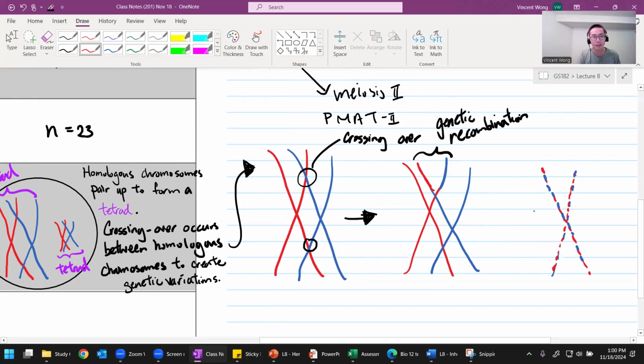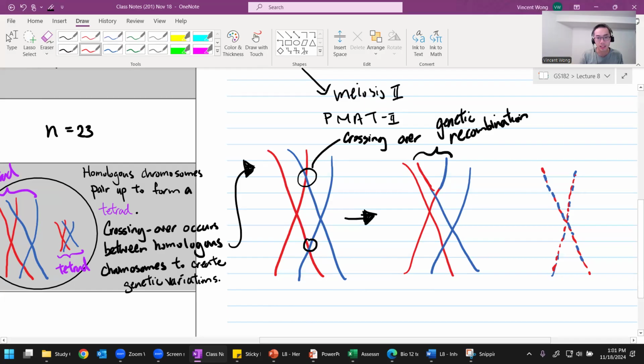Does anybody have any question about what the purpose of this is and how it's happening? If we don't do this, then we end up passing on the exact same chromosome to the next generation, and there will be very limited variation in the population, and that's not a good thing.